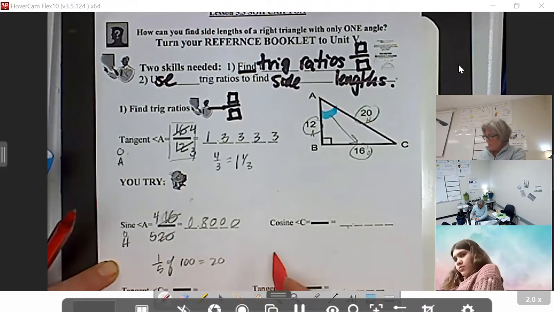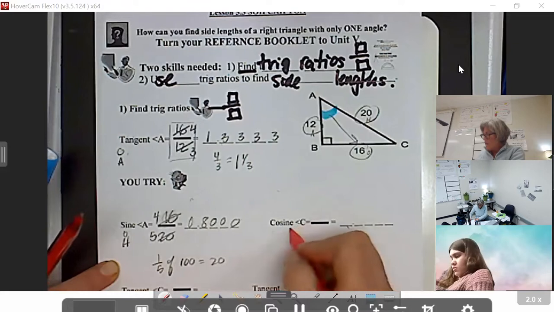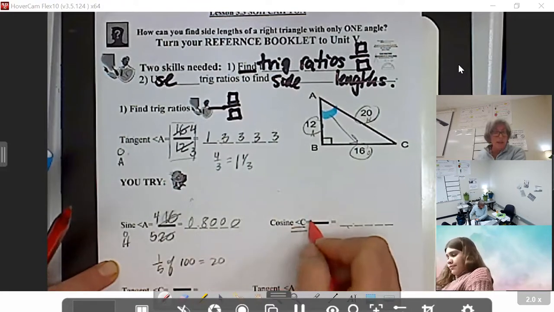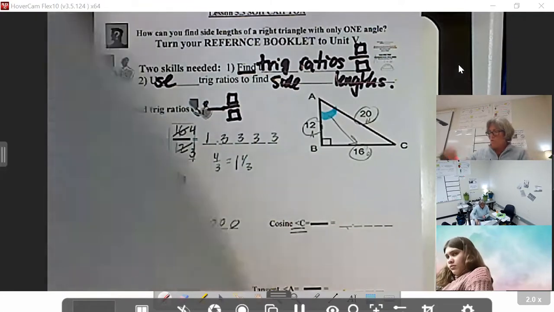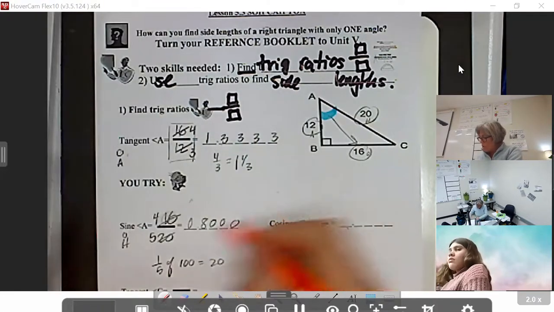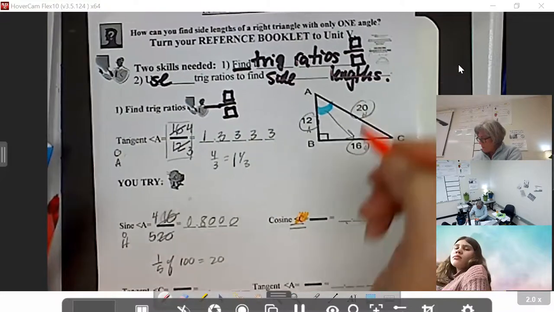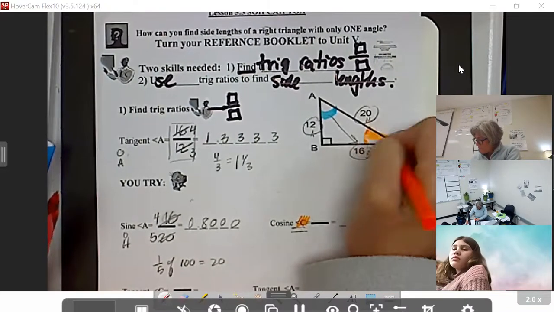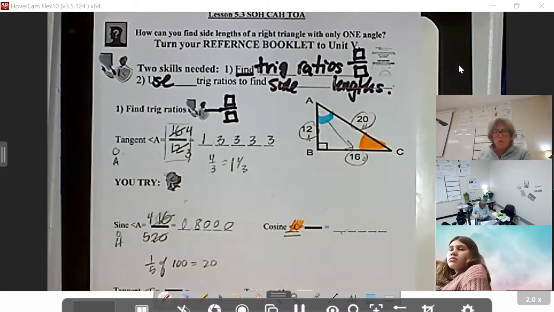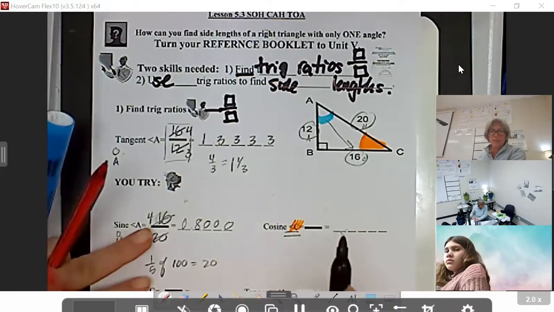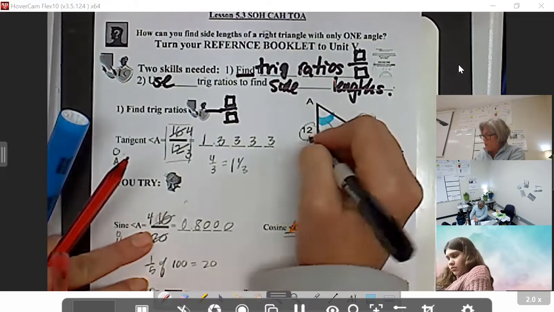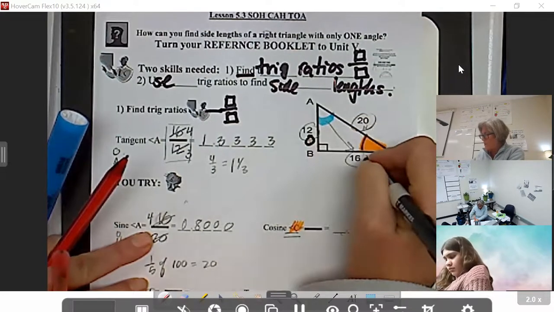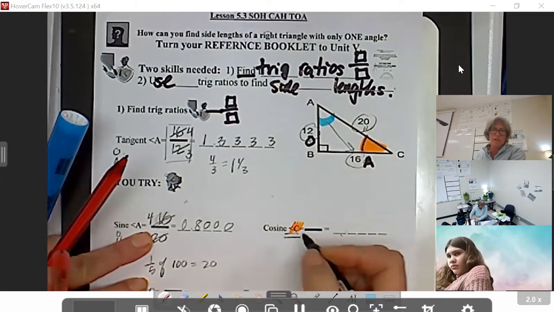One more. Okay, watch carefully. This one asks for the cosine of C. Notice we're changing the angle. When you change the angle you're working with, it can change what the opposite and adjacent is. So now, if we're working with C, 12 is the opposite and 16 is the adjacent.